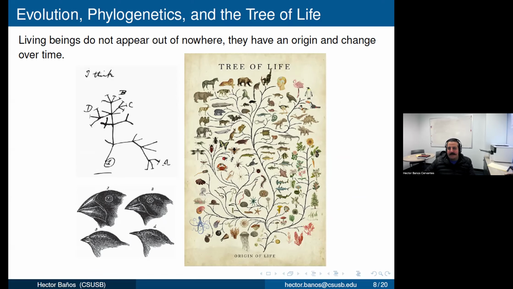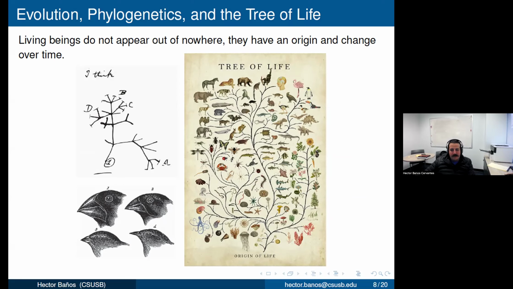So loosely speaking, what we have here is a tree of life showing all the evolutionary relationships between different species. There's an origin of life from which every living being evolved. And as time passed, new species appeared by speciation events, and some others went extinct, like the dinosaurs, that maybe we don't see right now, but at some point they existed.